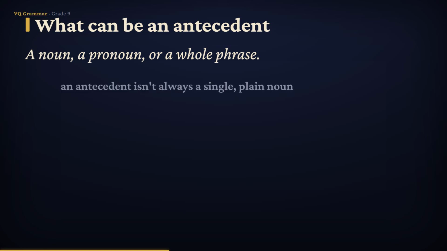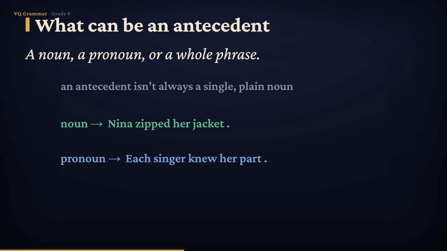An antecedent doesn't have to be a single, obvious noun. Most of the time it is. Nina zipped her jacket, where Nina is the noun her points to. But an antecedent can also be another pronoun. In each singer knew her part, the word her points back to each, and each is itself a pronoun.